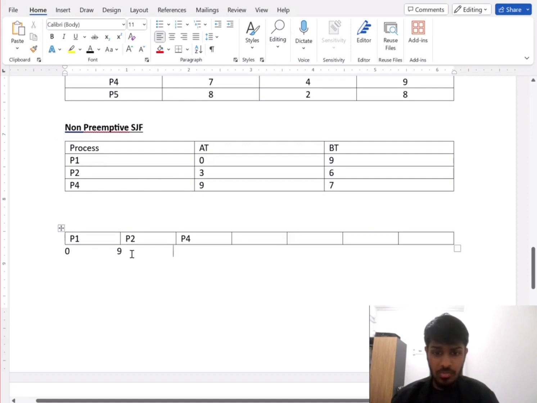For P2 we have to add 6, so 9 plus 6 is 15.